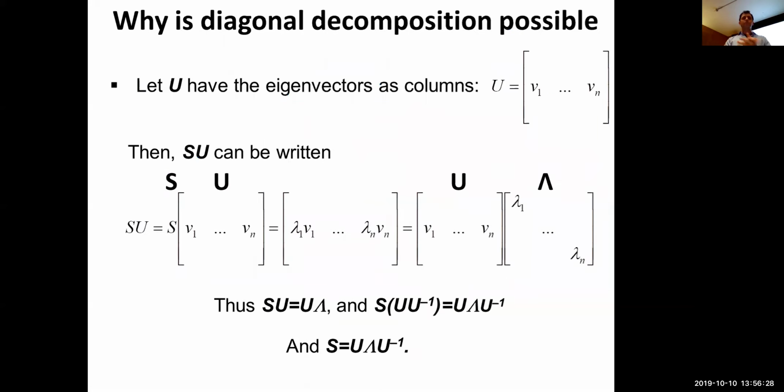Awesome, great. So why is the diagonal decomposition possible? It's just algebra. If U has eigenvectors as columns, then SU can be written as S times all of these eigenvectors.